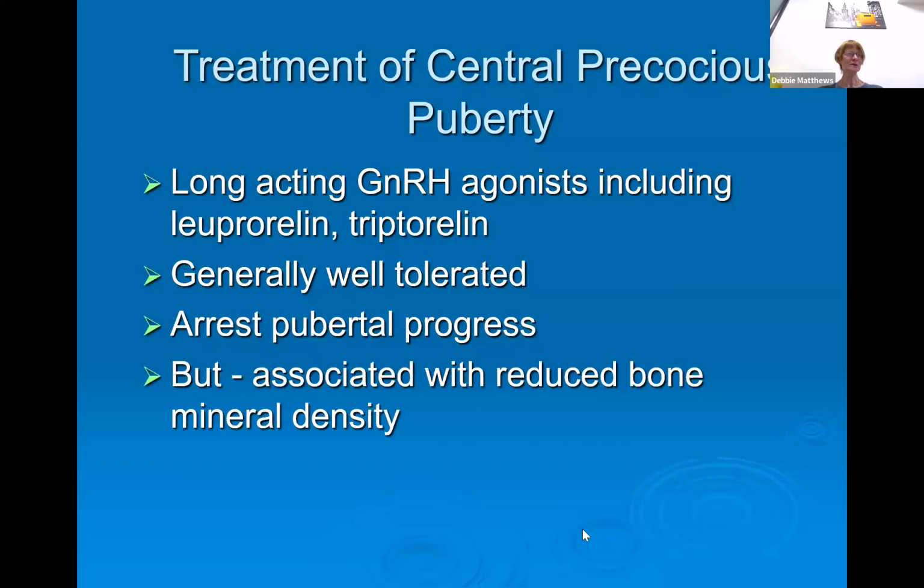So they arrest pubertal progress. They're generally well tolerated, but they have to be given by injection, usually every 3 to 6 months. But because they're completely arresting pubertal progress, they're associated with reduced bone mineral density, such as would be occurring during normal prepubertal growth.